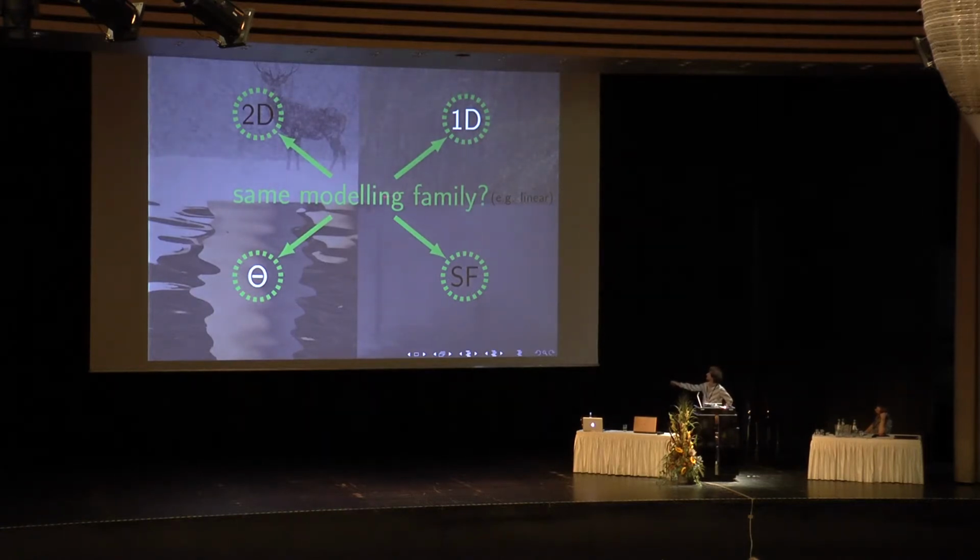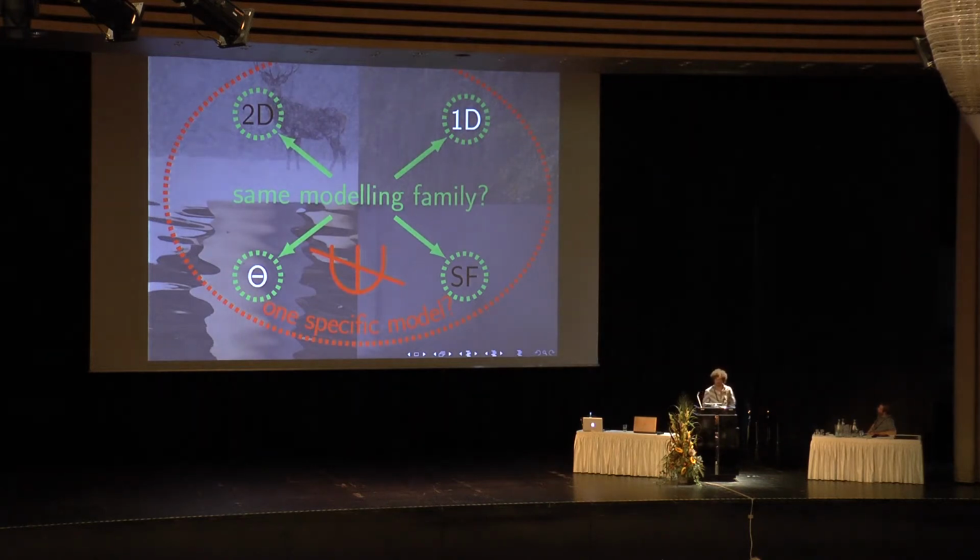And when I say modeling family, I don't mean a specific model, but for example, linearity. So it's a tool, if you like. And then I'll move on and ask whether we can actually specify a model that will capture all of the behavior across these different noise types. Notice that this specific model need not belong to the same modeling family that may do the job for each individual noise type, as you will see at the end of the talk.